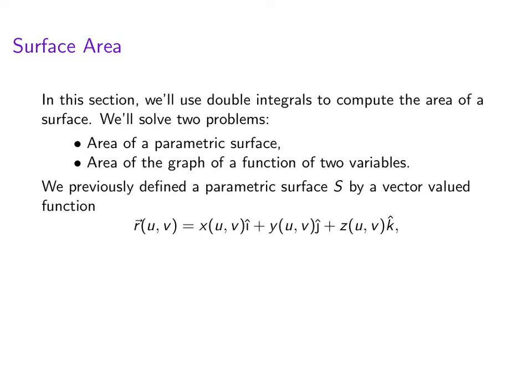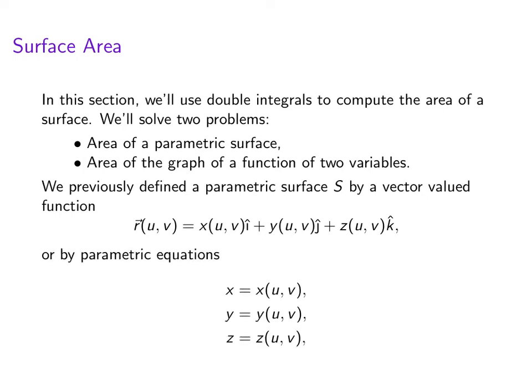The u and v are the parameters. You don't literally have to use u and v as parameter variables. You can also use other variables. In some circumstances, we've used, for instance, phi and theta when using spherical coordinates, and we'll talk about doing that. So we can represent these with parametric equations instead of a vector form.